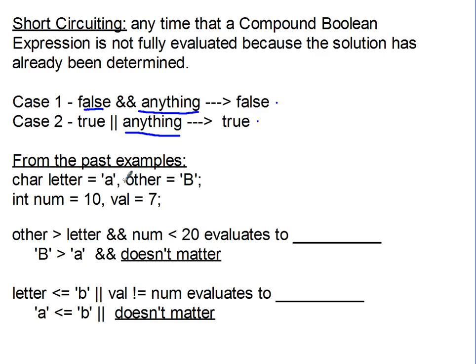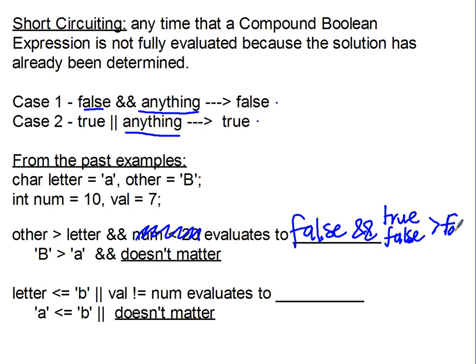So looking at the first two examples from the previous slide, once I looked at B greater than A, and I know that that is false, it really doesn't matter what this is. False and true, or false and false, is going to result in false.